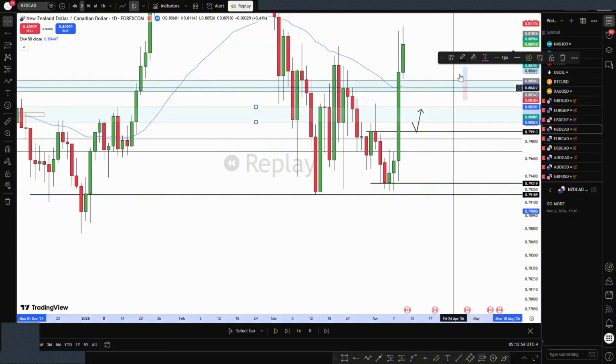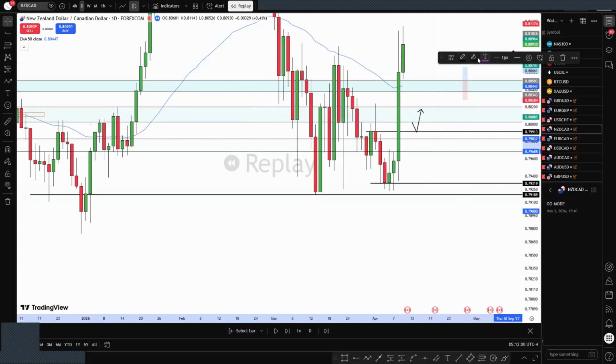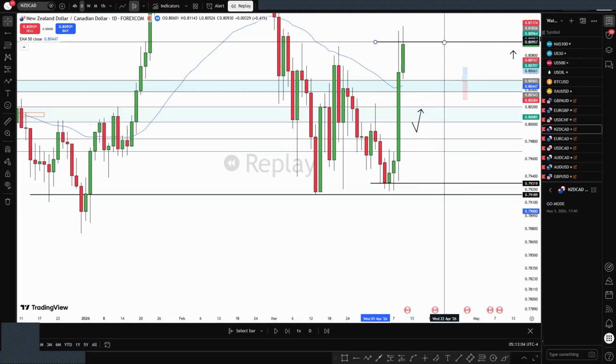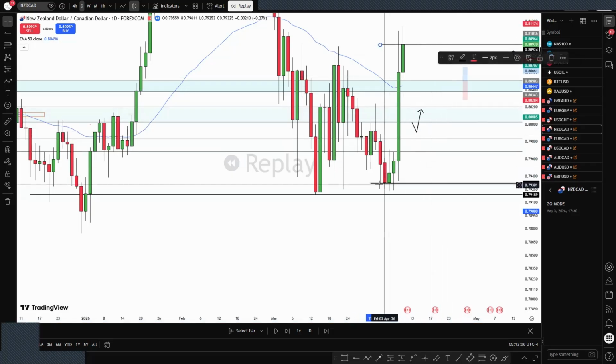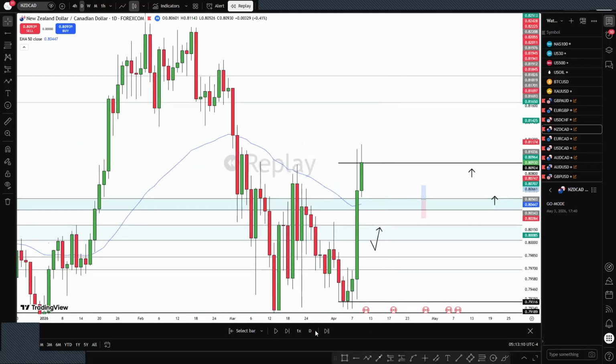Price just went up, and even this intermediate still didn't do anything. So we are now bullish. So again, I'm still looking for buys within this same range here. So let's continue and see.